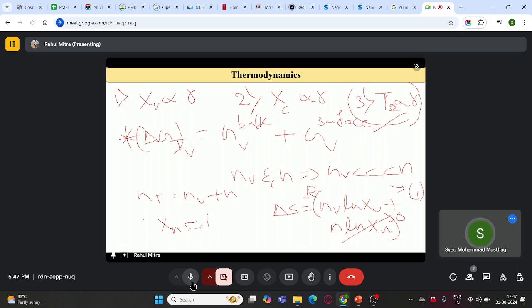For the first equation derivation we used that the total free energy is the bulk plus surface free energy, and for deriving the bulk part, there are two parts of entropy. One is thermal and one is the configurational entropy.